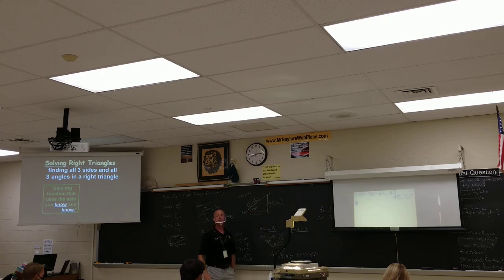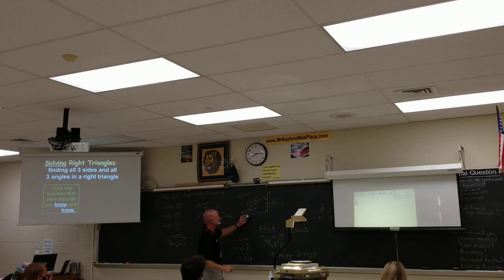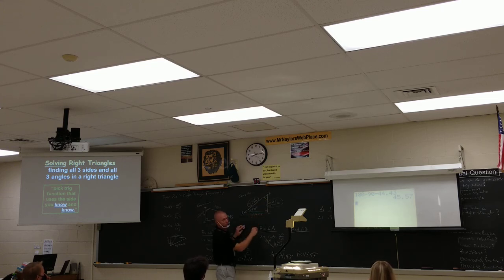Here's the thing, though, just for the couple minutes that we're going to be talking about this in class, I want you to realize that had you decided to find angle B first, it's kind of an interesting, simple change here. Because if I was going to find angle B first, this side would have been the opposite. This side would have been the adjacent.